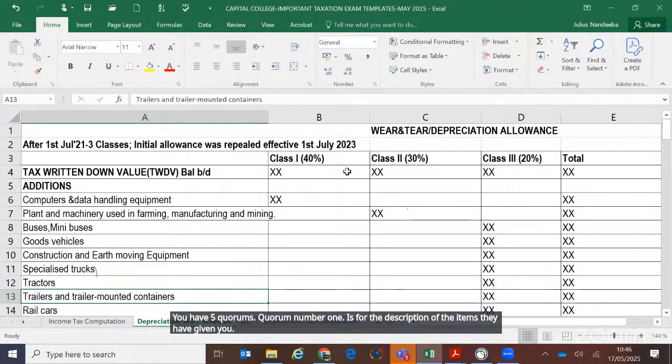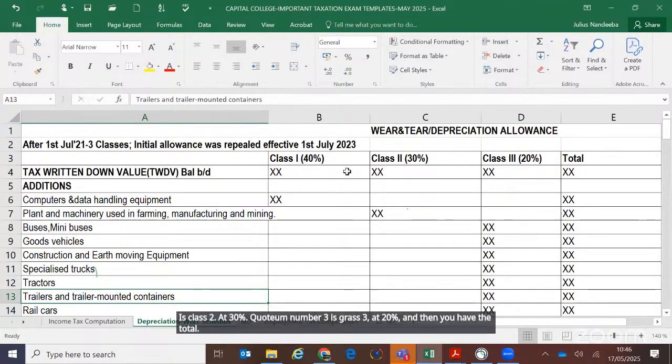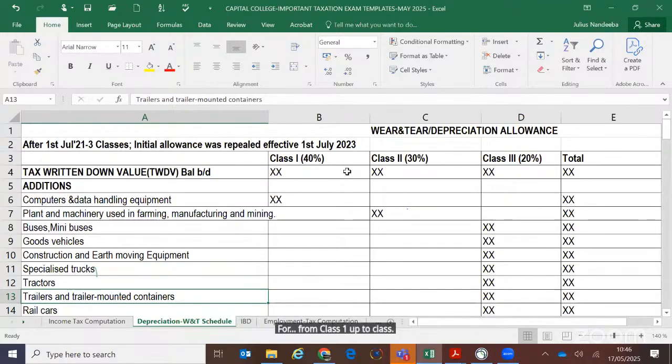Column number 2 is class 1 at 40%. Column number 3 is class 2 at 30%. Column number 4 is class 3 at 20%. And then you have the total from class 1 up to class 3.